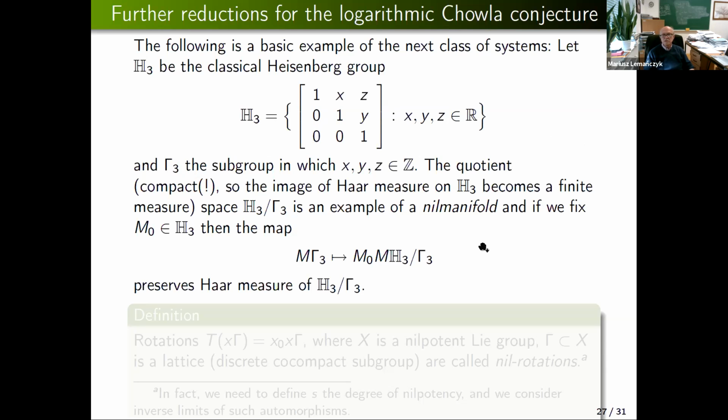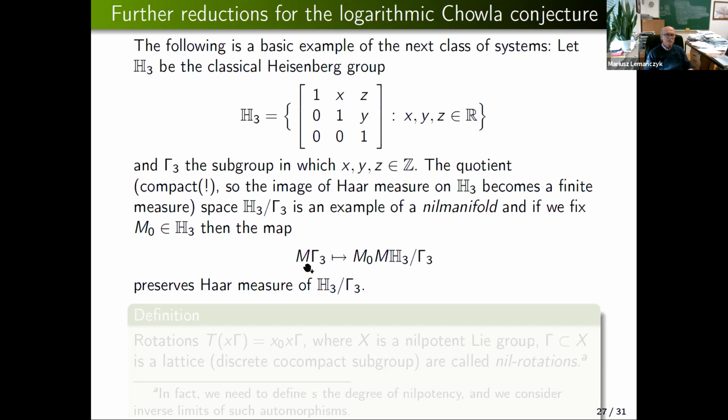It's an example of a nilmanifold, and because this quotient is compact, if I look at the Haar measure of this group, which is of course infinite, on the quotient it becomes a finite measure. So I have a probability measure, if you like, which is the Haar measure of that space. Then we can consider rotations on that space.